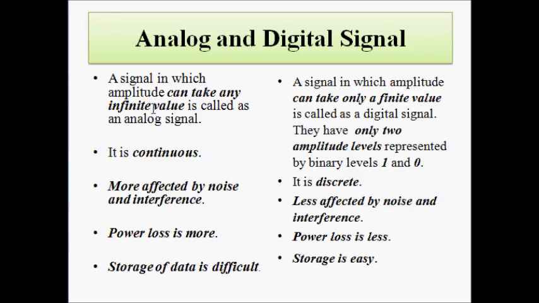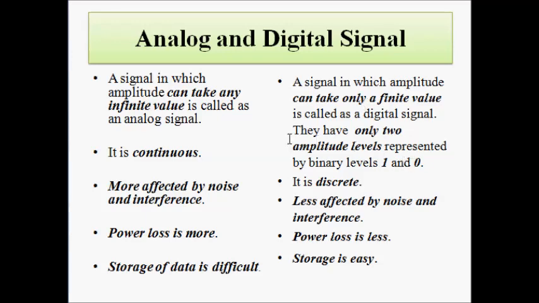The amplitude can be anything, whereas the digital signal has only two values which are defined by two voltage levels, represented as logic 1 and logic 0. They are defined by fixed voltage levels. So the analog signals can take infinite values of amplitude, whereas the amplitude of digital signals has only two values, logic 1 and logic 0.